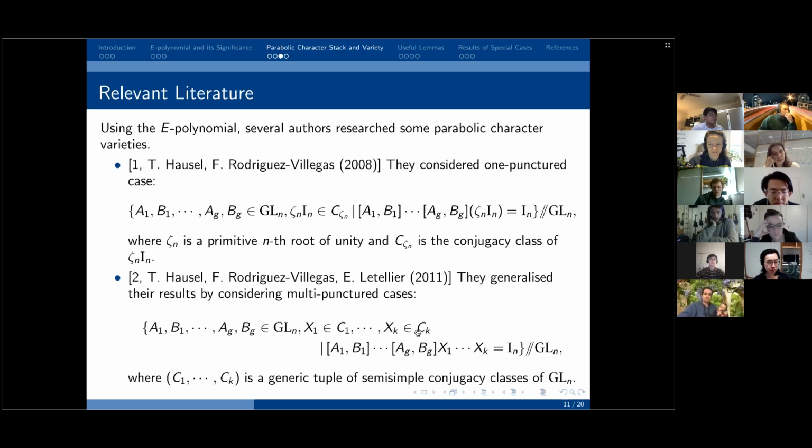And here, they consider fixed generic semisimple conjugacy classes from C_1 to C_k. And I will introduce this definition of the generic condition later. And in both cases, they found their counting polynomial, so they finally figured out each E-polynomial.